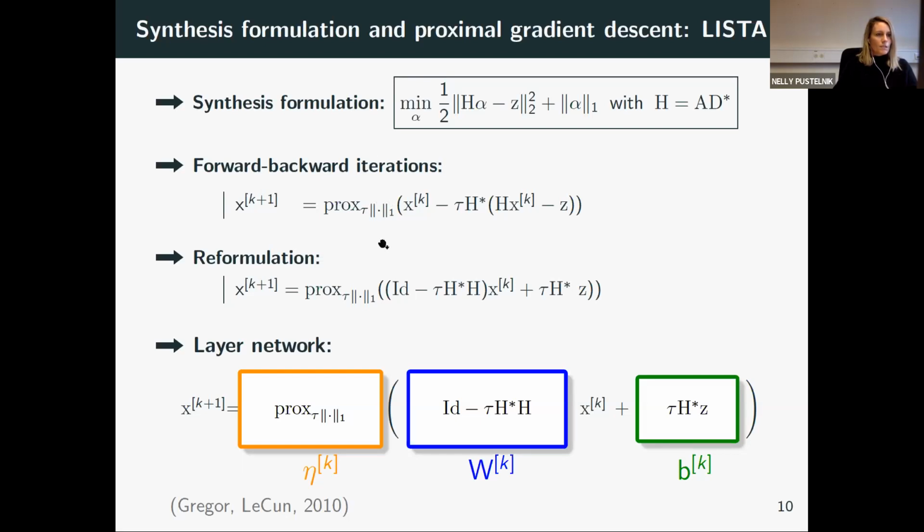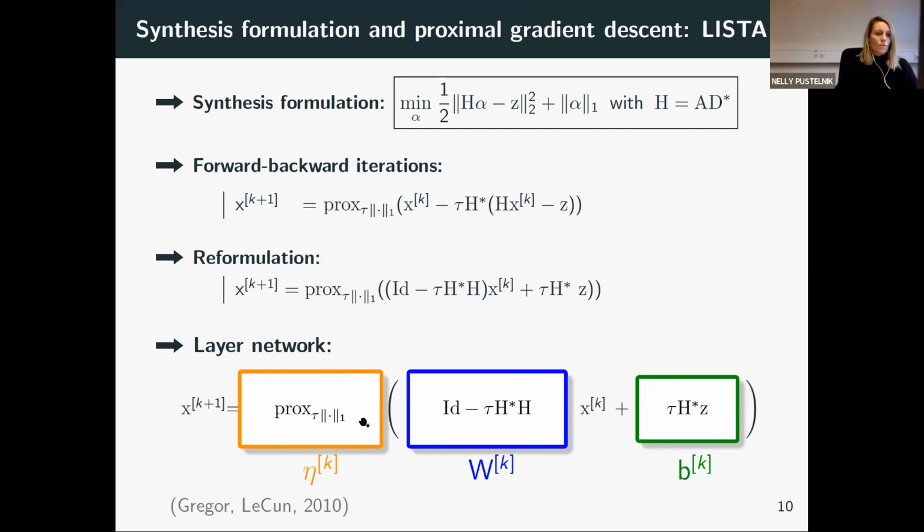It's quite easy from this iteration to see that if you put together these two steps, you obtain this form, and you have minus tau H star z on this side. So here you recognize the weight matrix W_k, you recognize the bias b_k, and you recognize the activation function eta_k.